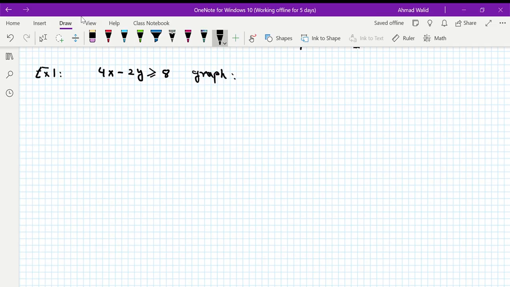Some notes. These notes are actually giving you the steps for how to graph a linear inequality. Number 1.